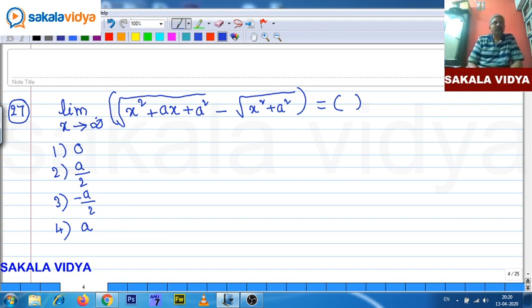Right. So now limit x extends to infinity, root over x square plus ax plus a square minus root of x square plus a square is equal to.